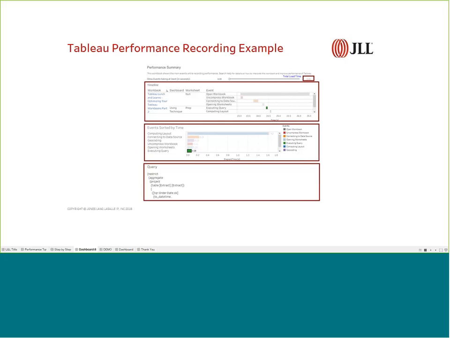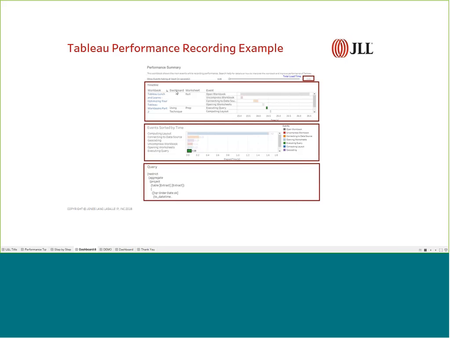Yeah, true. And then it gives you the dashboard, or whatever it is you're looking at. Now, if you're recording the performance for a worksheet, you won't see a value in dashboard. You'll see the value in worksheet. If you're doing it for a dashboard, you will actually see a value for the dashboard and every worksheet on the dashboard, and the performance at element.